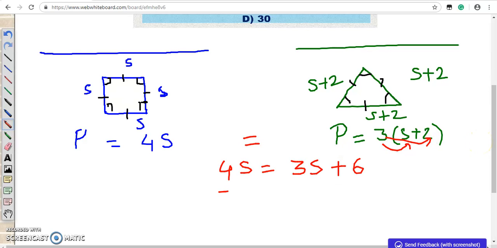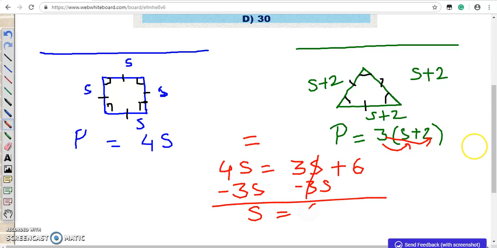So 4s equals 3s plus 6. Now if I subtract 3s from both sides, what do I get? 4s minus 3s is s, here it cancels out and we have 6. So s equals 6 inches.